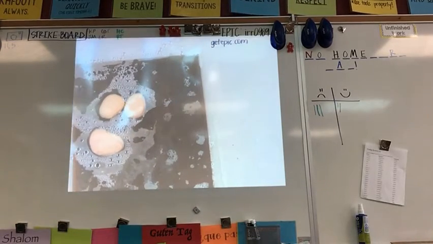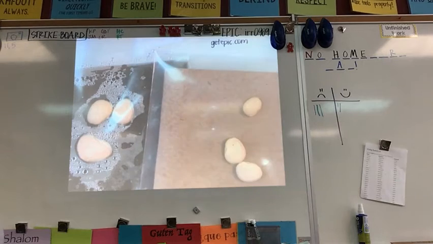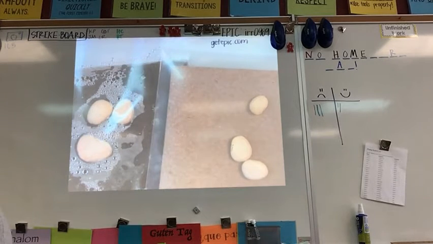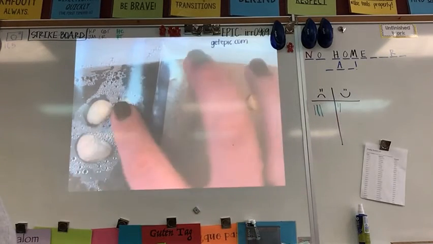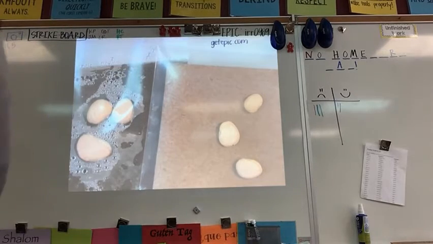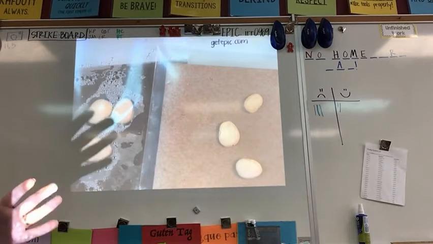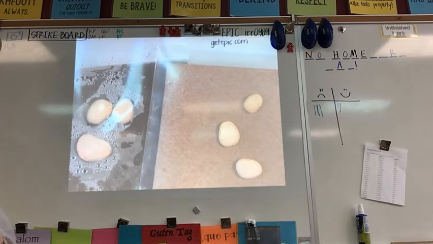If you notice, I did this yesterday afternoon at probably like 3 o'clock. They've already grown quite a bit. These seeds are quite a bit fatter than these seeds right now. I will have these hanging in the window so that you can keep looking at them throughout the days.